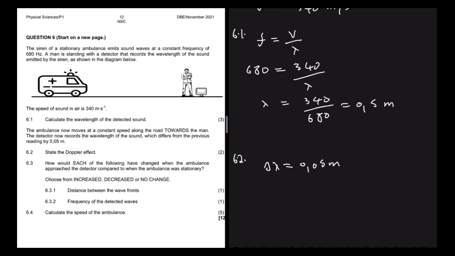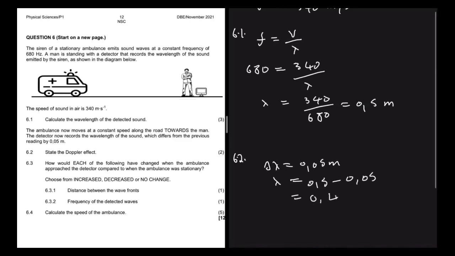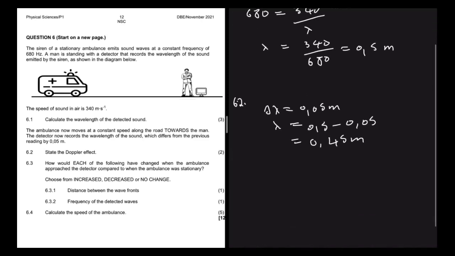So the new wavelength of the detected sound will be 0.5 minus 0.05, which is 0.45 meters. So far, no question is asking us to do this, but it's obvious because I'm reading the statement and I understand what it is saying. So I know that the new wavelength that is going to be detected is 0.45 meters.